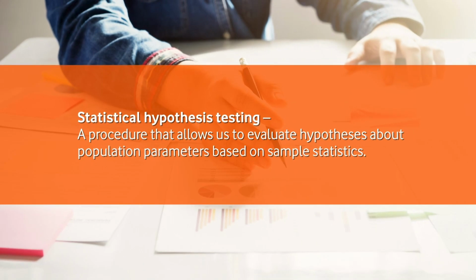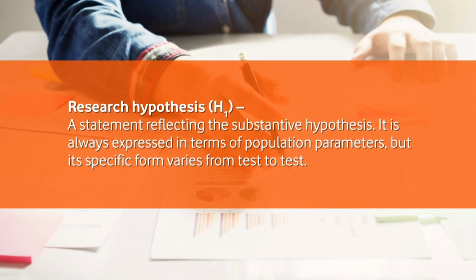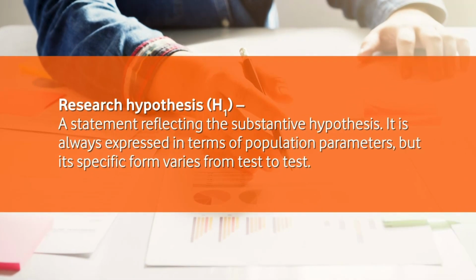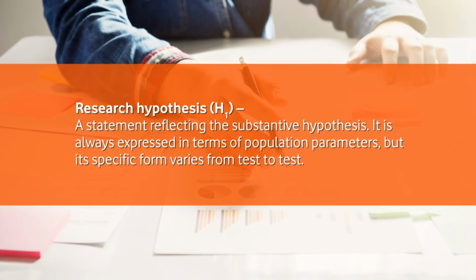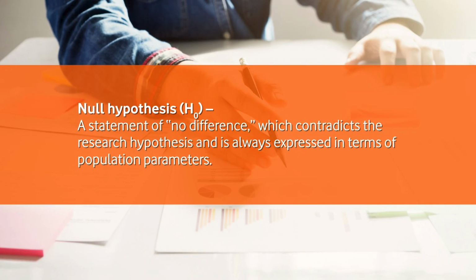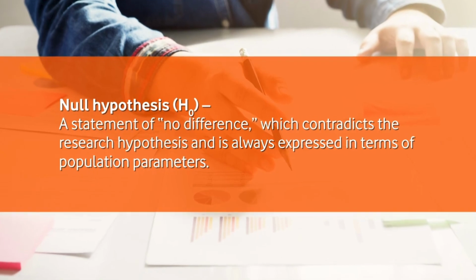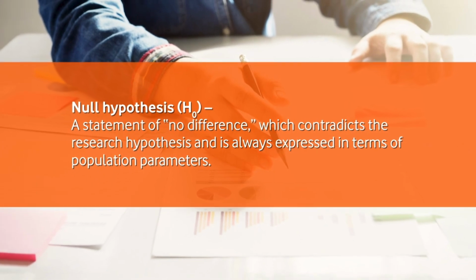And if we talk about research hypothesis, which can be considered as an alternative hypothesis, a statement reflecting the substantive hypothesis, it is always expressed in terms of population parameters, but its specific form varies from test to test. So null hypothesis, a statement of no difference which contradicts the research hypothesis and is always expressed in terms of population parameters.